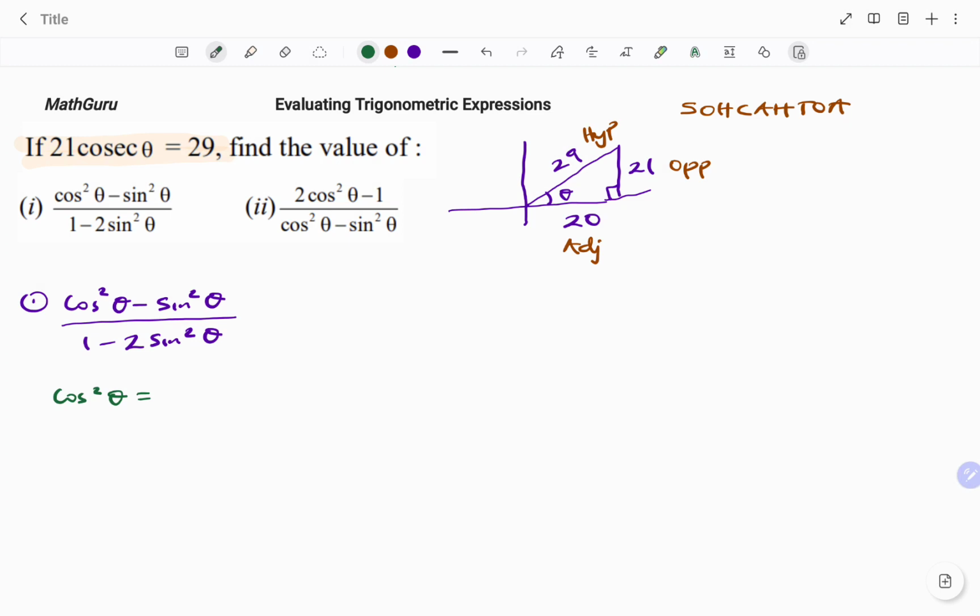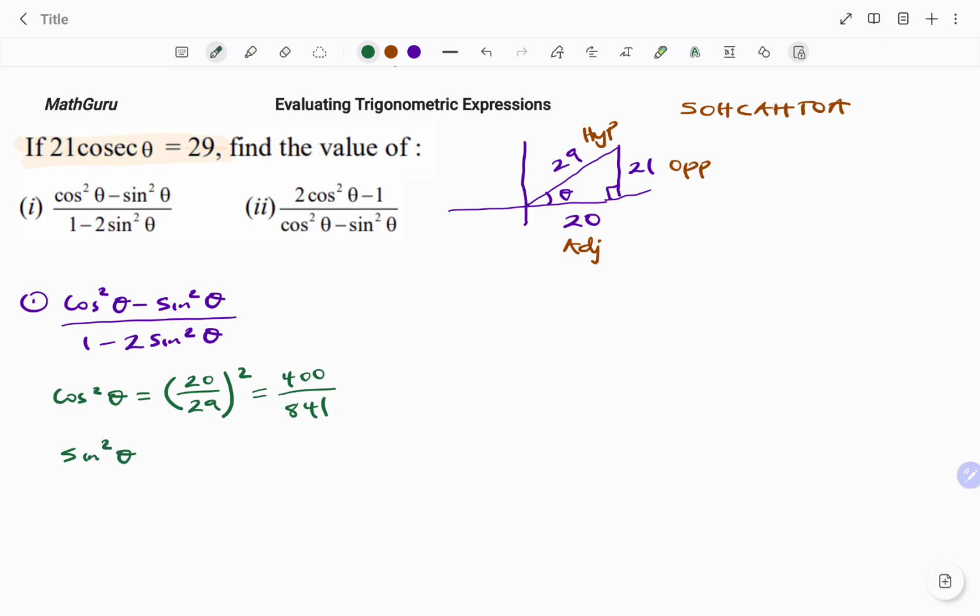So cosine is adjacent over hypotenuse, that's 20 divided by 29 all squared, because I'm working out cos squared theta, and that is equal to 400 divided by 841. That's 29 squared.